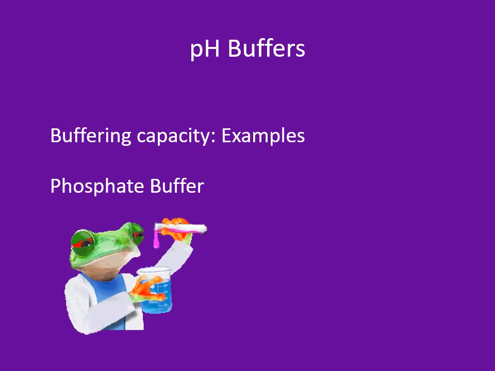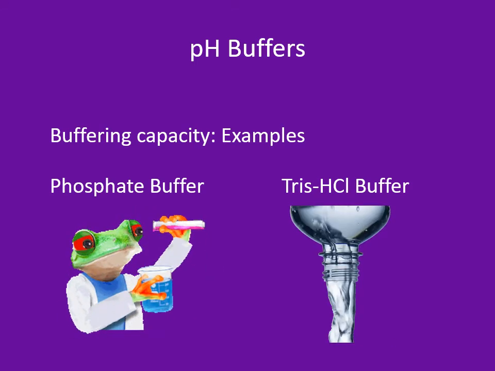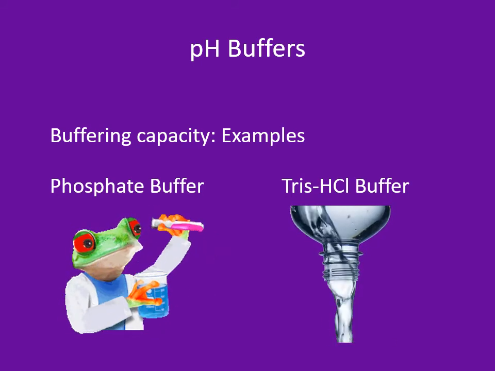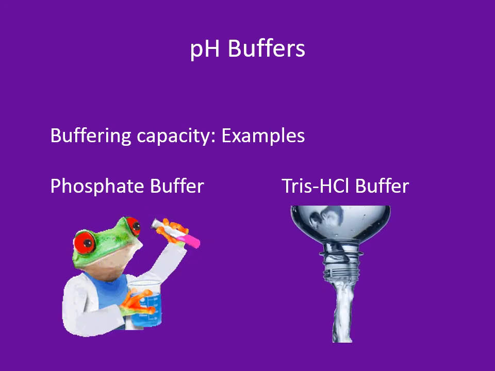On the contrary, with a high buffering capacity buffer like Tris, for example, you will have to add lots and lots and lots of acid just to be able to adjust pH. I personally hate to prepare Tris buffers.